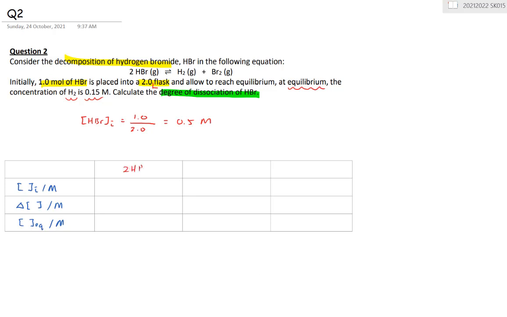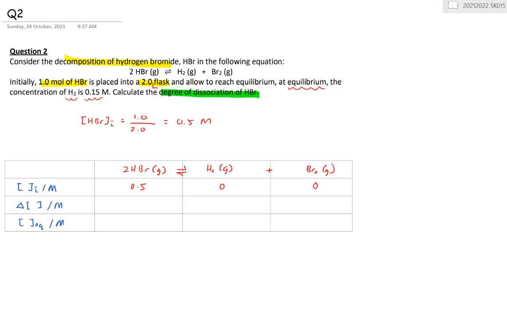So 2 HBr gas in equilibrium to 1 mole of hydrogen gas and also 1 mole of bromine gas. In this case, you only have the initial concentration of HBr, so 0.5. And the concentrations for H2 and also Br2 are both 0 because the reaction has not yet happened. So no concentration for the products.